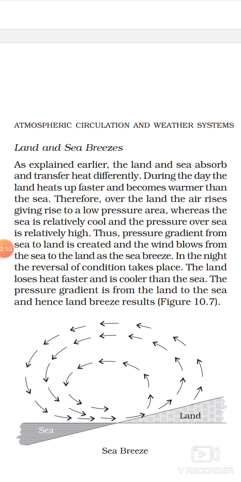It will be evaporating faster. A low pressure area will be created just above the seas and oceans. Adjacent to that, in the land mass, the same scenario will be taking place, but at a less intense level.